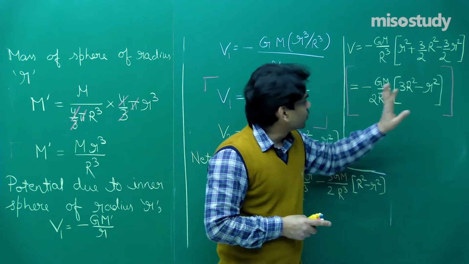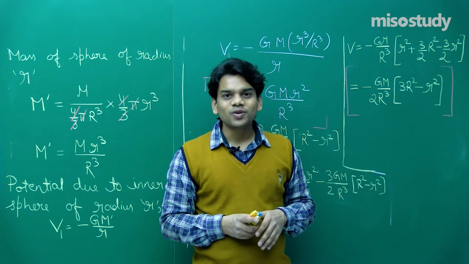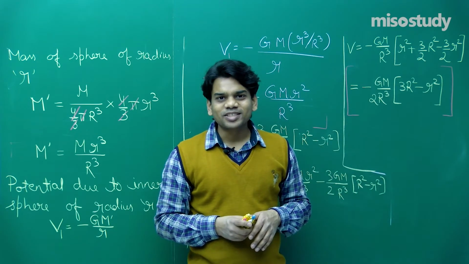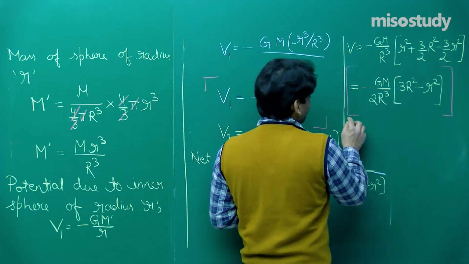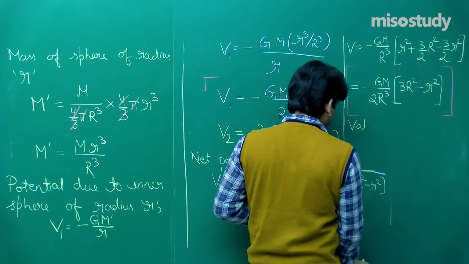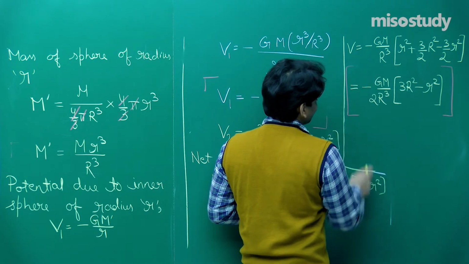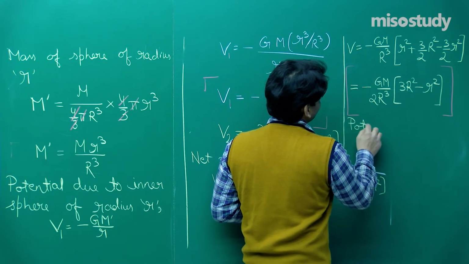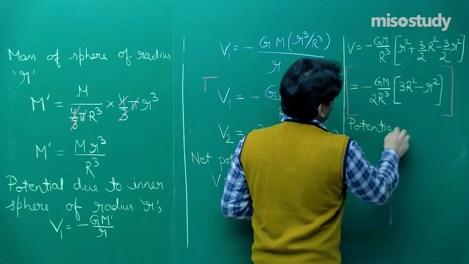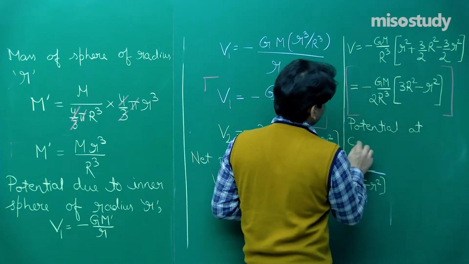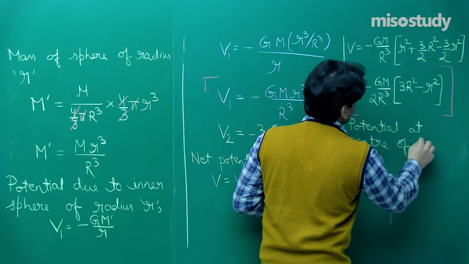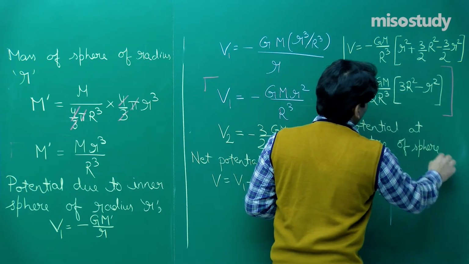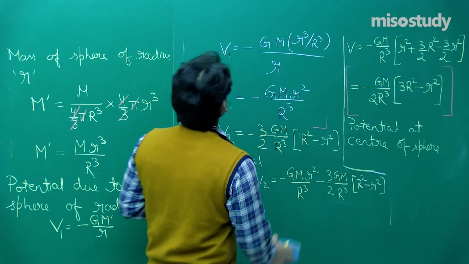If r equals 0, can we find out the value of potential at the center of the sphere? Then you see here, let me write potential at center of sphere. When I write sphere, think that I am talking about solid sphere.